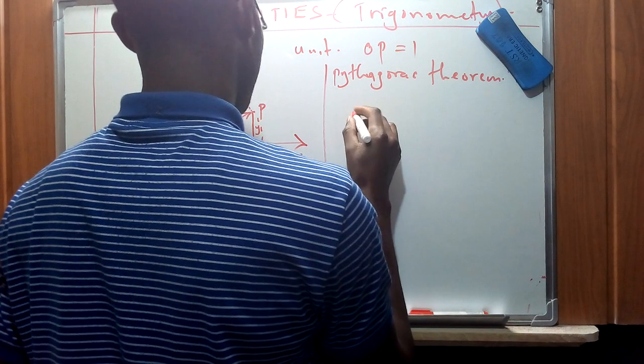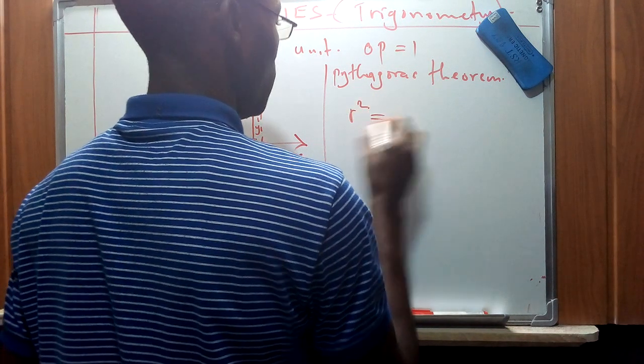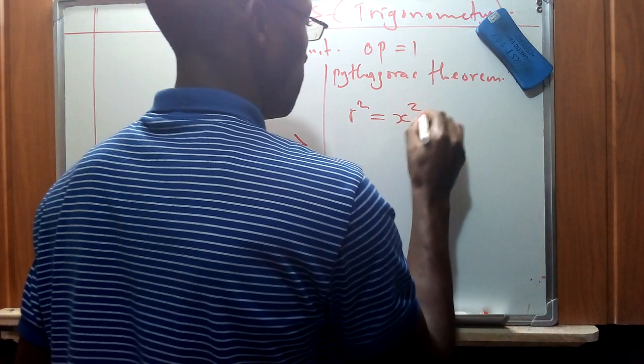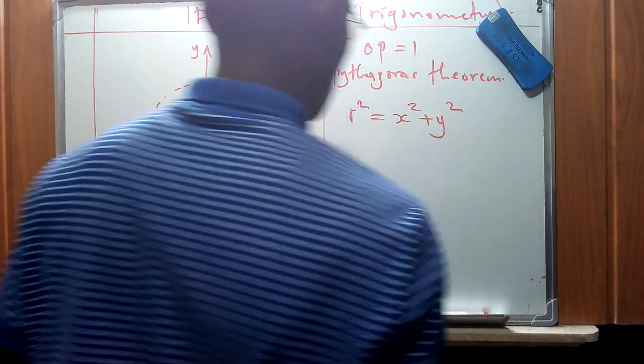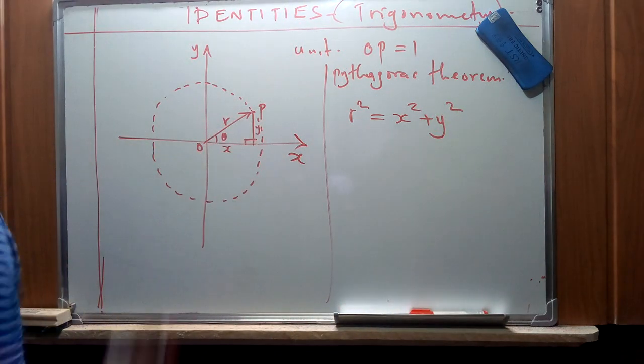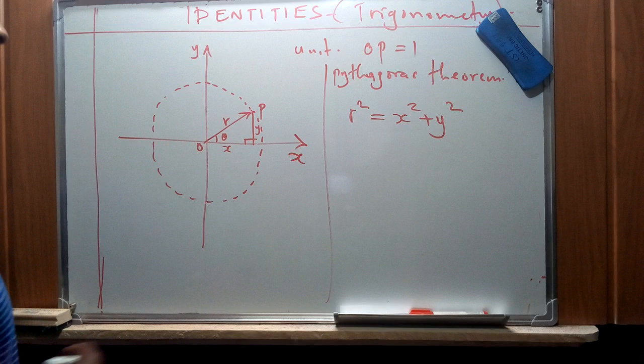From Pythagoras theorem, we stated that r squared is equal to x squared plus y squared, and that gave us a different way in which we can represent the x and y extent to which this particle has moved in two-dimensional space.